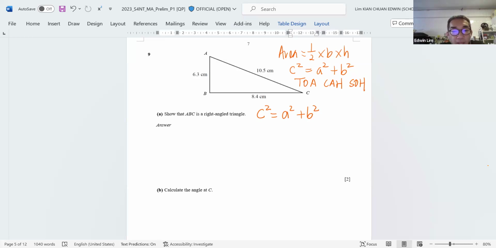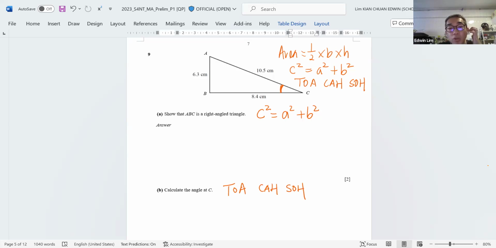For B, they ask us to calculate the angle at C, which is here. For the formulas to be linked to any angles, there's only one formula, that is SOH CAH TOA. So let me approach the question slowly so that you can understand how I do it.